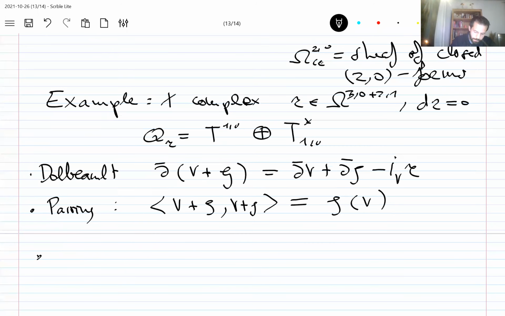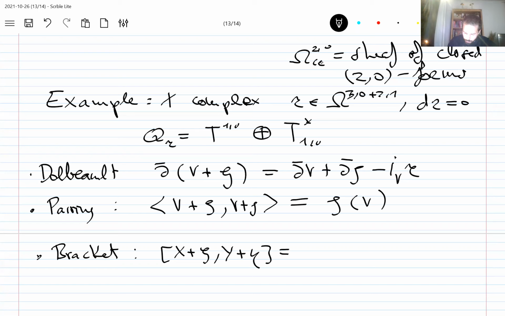And then the bracket has this form, which is kind of familiar, but adapted to the fact that we have 1-0 types.